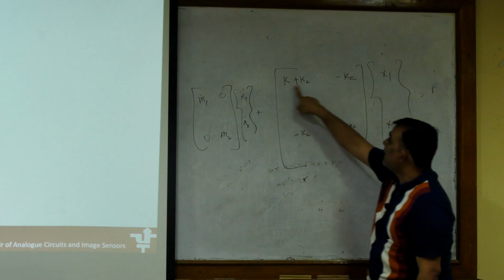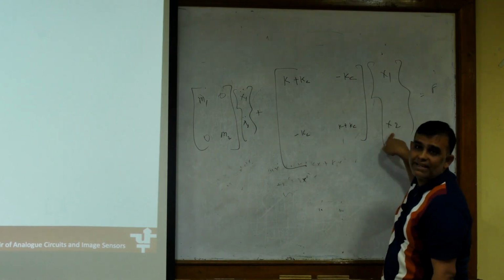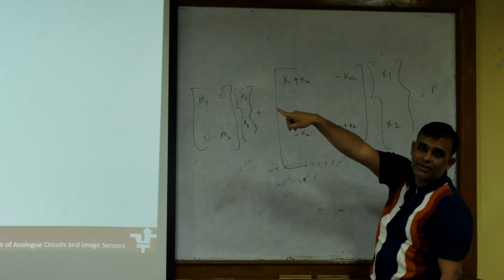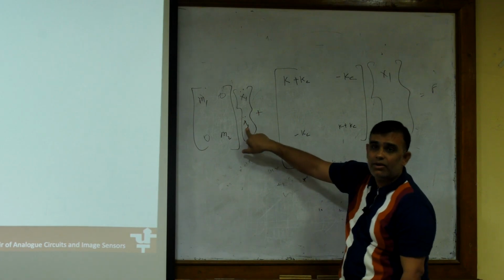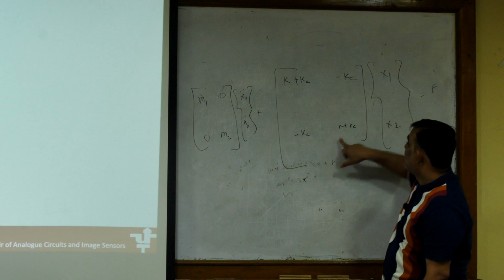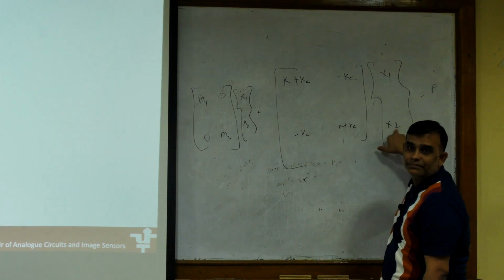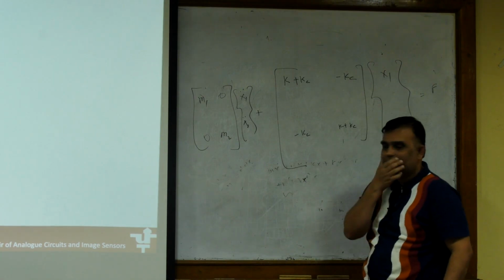This side plus kc times x1 minus kc times x2. That's my first equation. The second equation similarly is m2 times x2 double dot plus minus kc times x1 plus kc x2. So this matrix represents that equation. Okay?